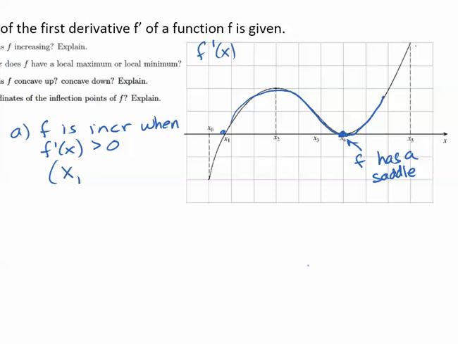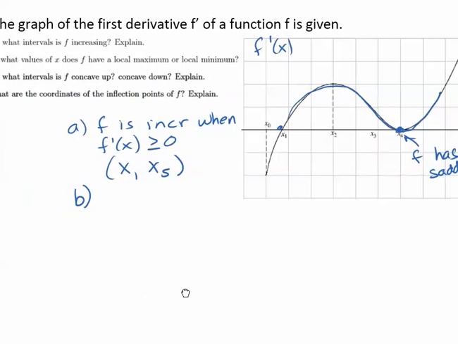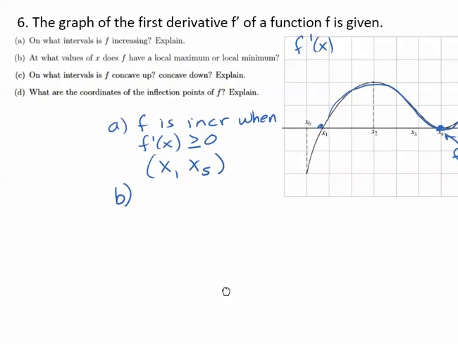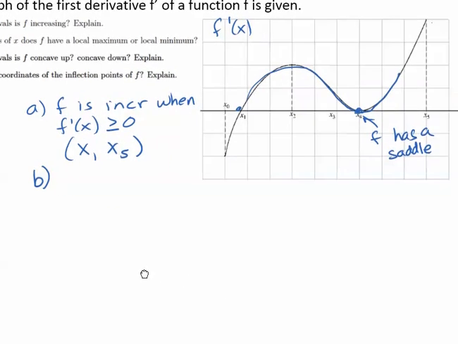So we could do this all as one increasing interval from x1 over to x5 for increasing. Now remember that we now have to put an equal to there. So f prime of x is greater than or equal to 0 because we do have one place there with a horizontal tangent.